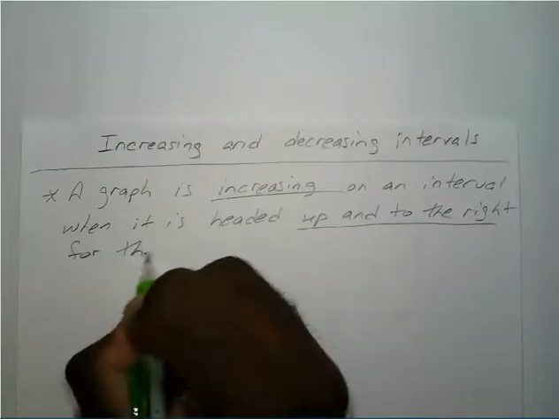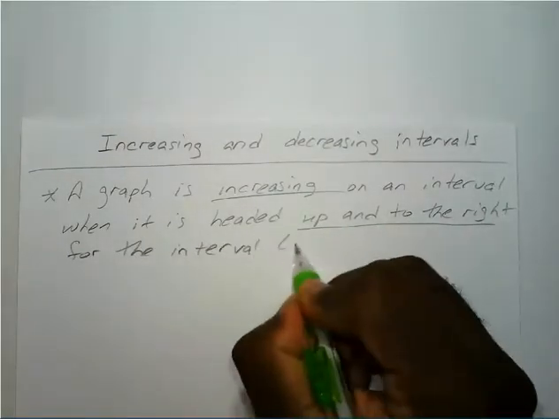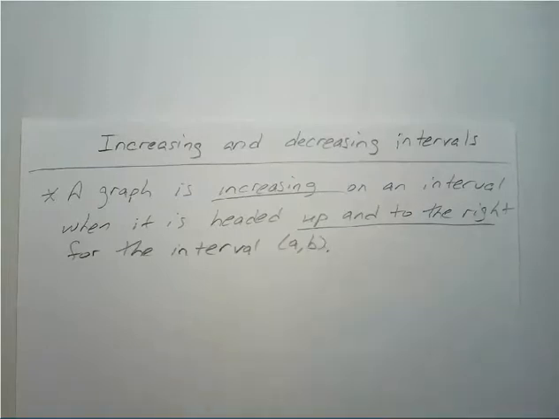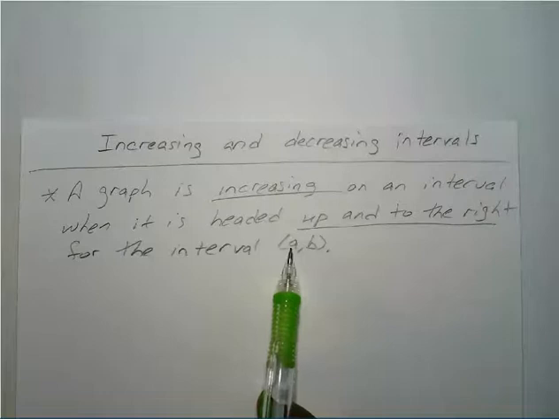For the interval from A to B. Okay, now this isn't an ordered pair. This is actually where your x value starts here and ends here.